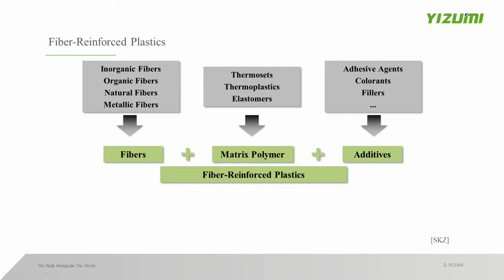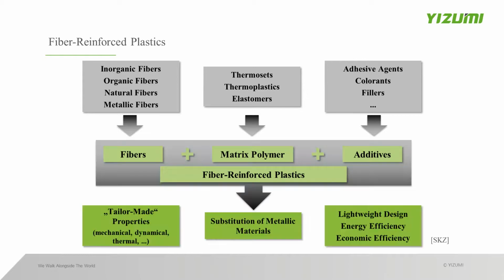Why do we need fiber reinforced plastic? That's because maybe we want to get some special properties like mechanical properties, thermal properties, and also in some situations we want to use plastic in place of metal materials. And also from the designer, we want to have lightweight.